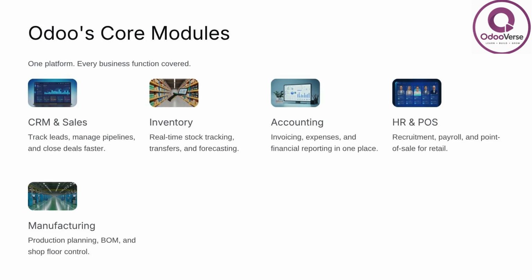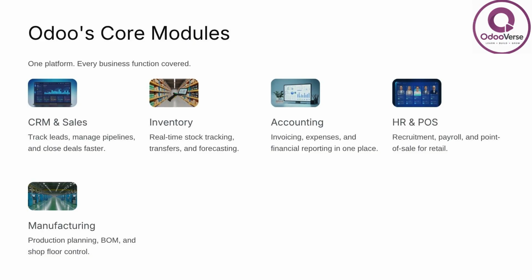Now, let's look at some core modules available in Odoo. First is CRM and sales. This module helps businesses track leads, manage sales pipelines, and close deals faster. Next is inventory. It provides real-time stock tracking, warehouse transfers, and inventory forecasting. Then we have accounting. This module handles invoicing, expenses, payments, and financial reporting.